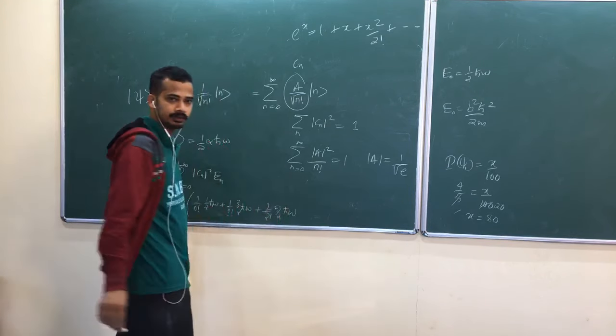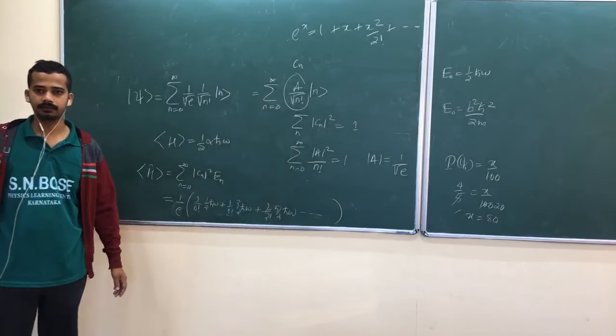Am I right? 1 by e is taken outside. You do not know this series, what will you do? H bar omega can be taken off.